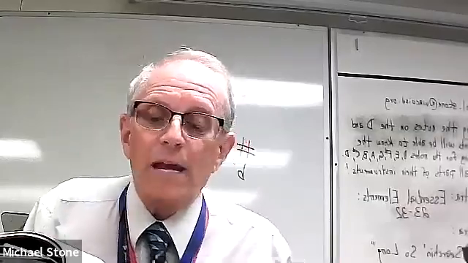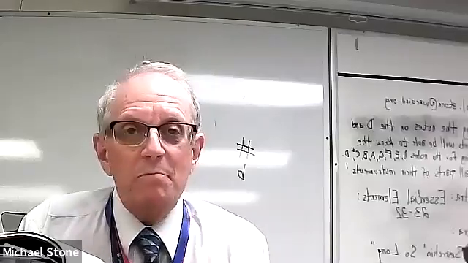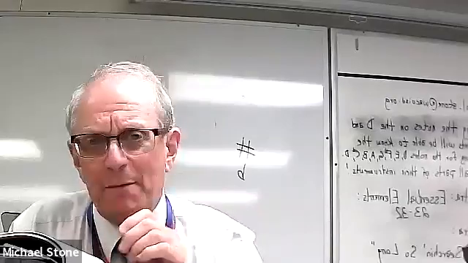The major scale, and I'm not going to ask this on the test, so don't panic or anything like that. But the major scale is made up of intervals that we've already learned. We've learned half steps and whole steps.